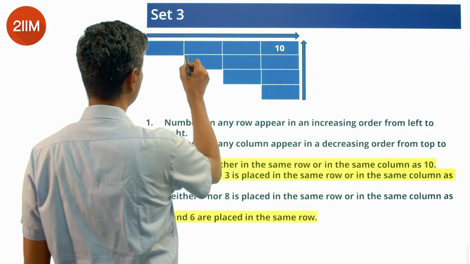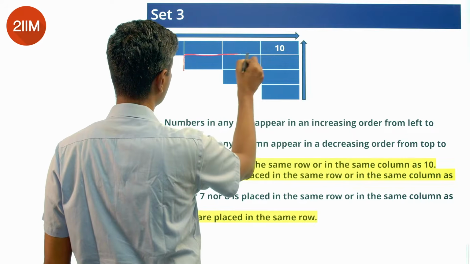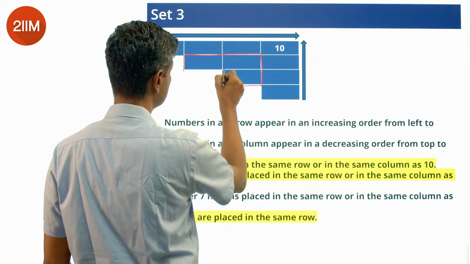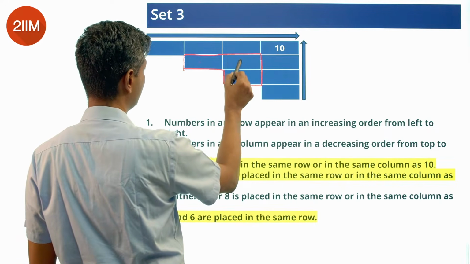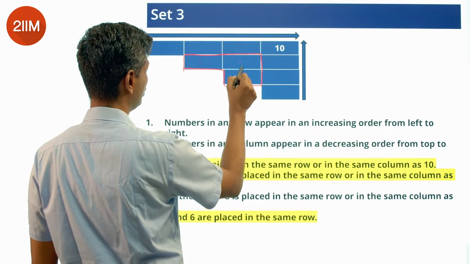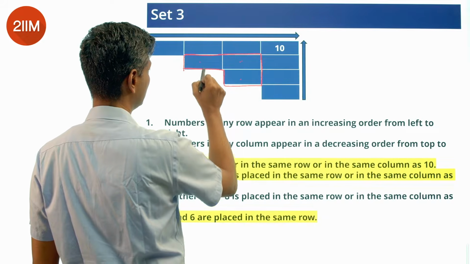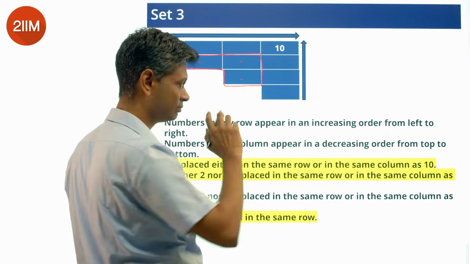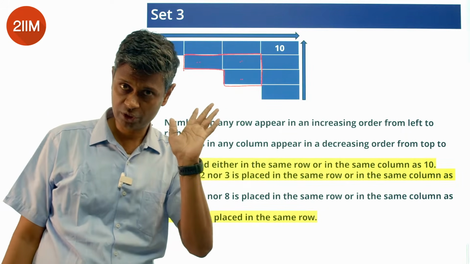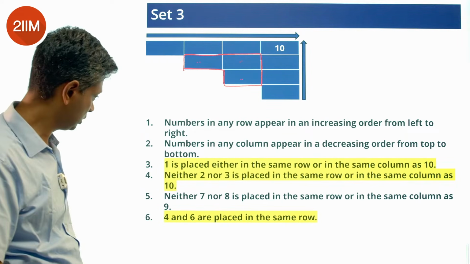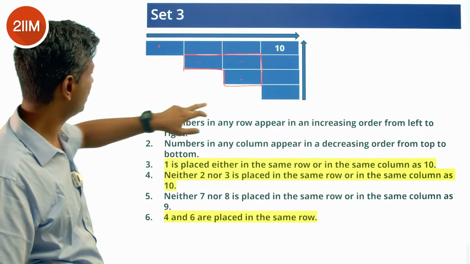So 2, 3 both have to be here. We could have 2 here, 3 here, and so on. I cannot have 3 and 2 like this, but several other combinations are possible. 1 should be either here or here.